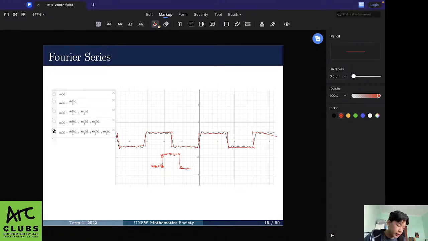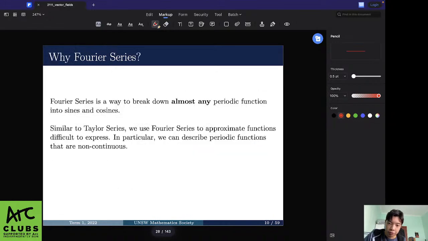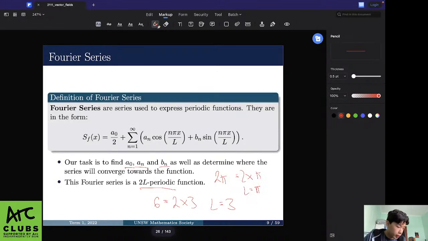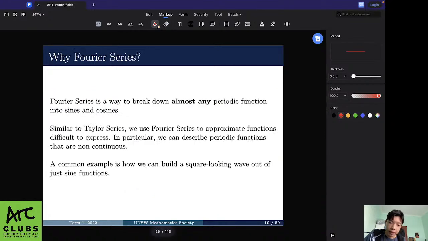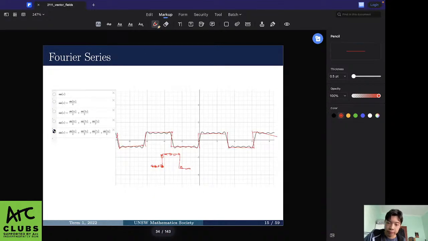But instead, with Fourier series, we only need a couple numbers memorized. And with these 4 numbers, you're able to replicate this entire curve. One way that you might use Fourier series is in compression.